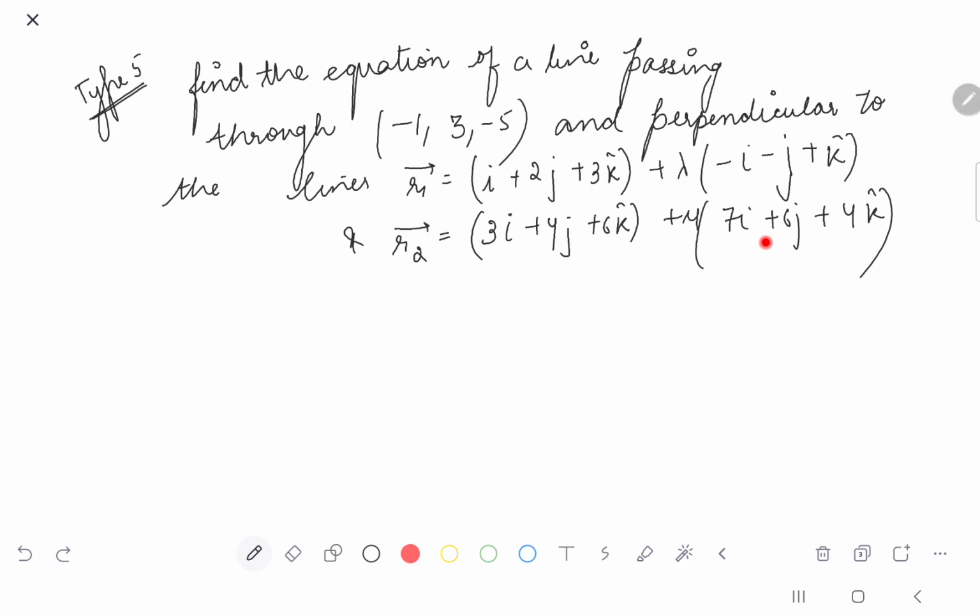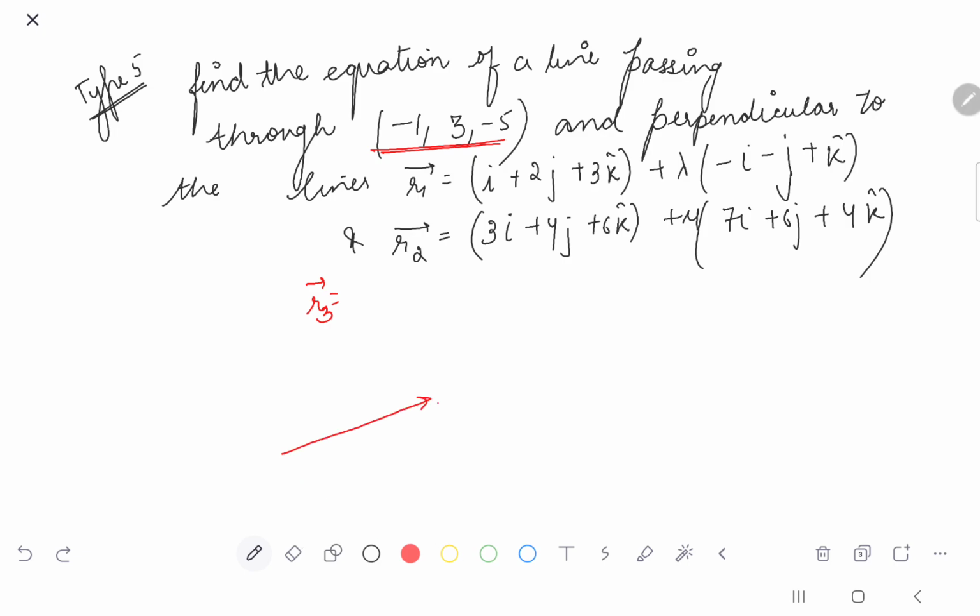Okay. Let the line be R, whose equation I'm supposed to find out. That line is passing through this point. So let's suppose that equation is R3 that I'm supposed to find out. And that R3 is perpendicular to both R1 and R2. Understand? So what kind of situation is this?